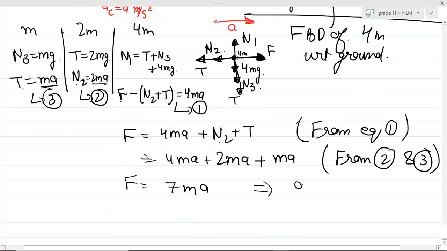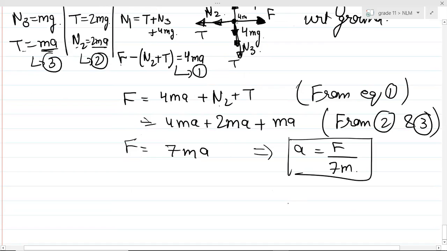And from here you can see F is equal to 7ma, right? Can you see this thing? I told you that this whole thing will behave as a common block.